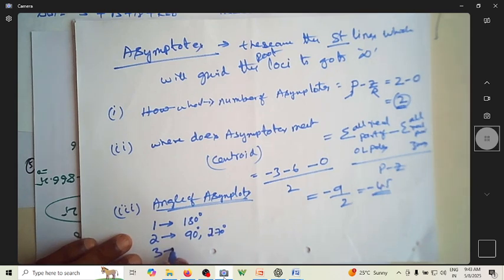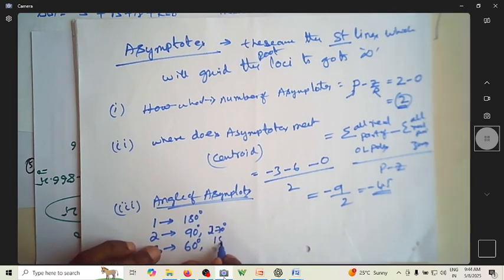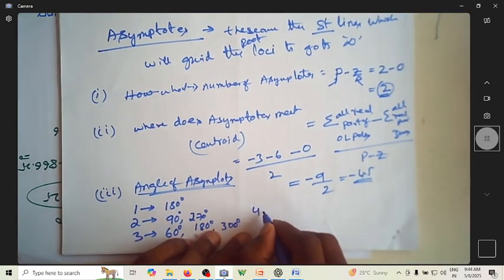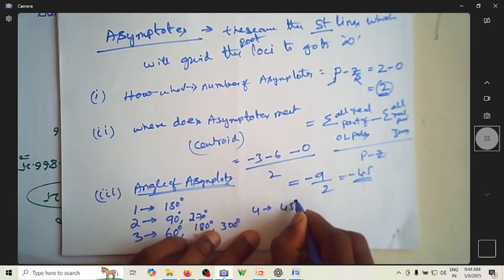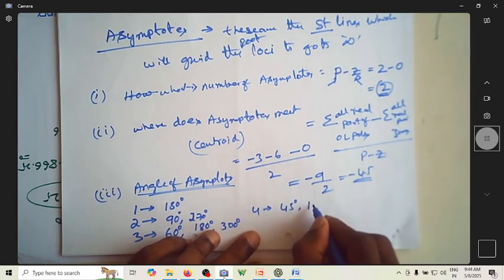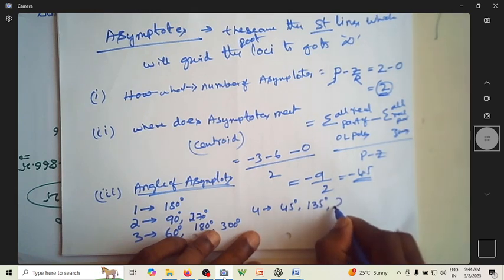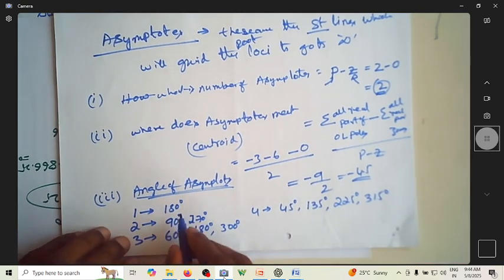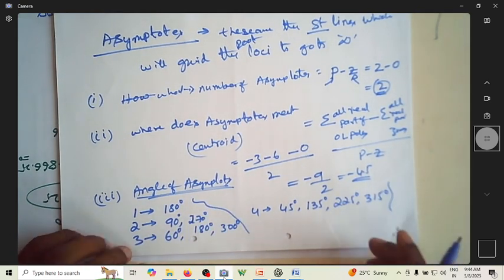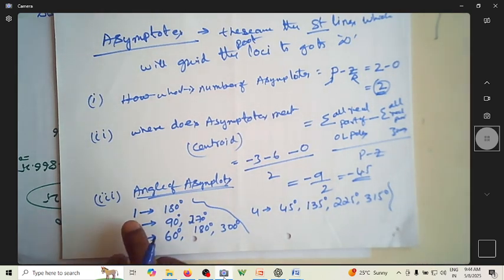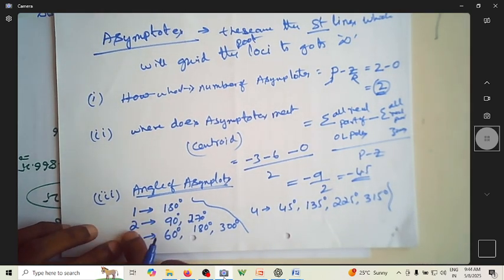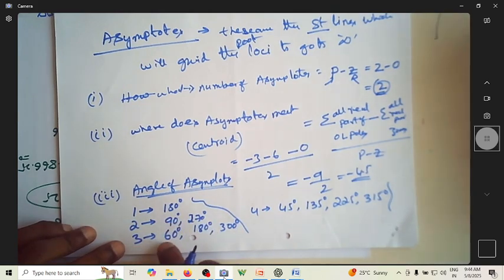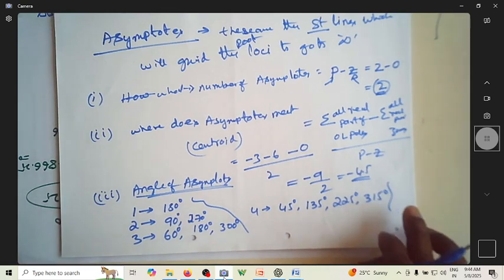If we have three asymptotes, then one is at 60 degrees, another at 180 degrees, another at 300 degrees. If you have four asymptotes, then they are at 45 degrees, 135 degrees, 225 degrees, and 315 degrees. So these are the angles of asymptotes always. If you have one asymptote, 180; if you have two, it is 90, 270; if you have three, it is this; if you have four, it is this.